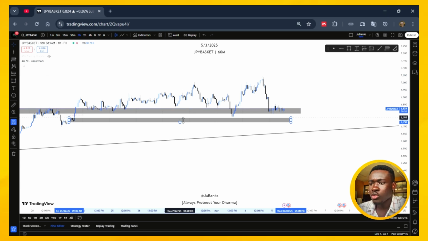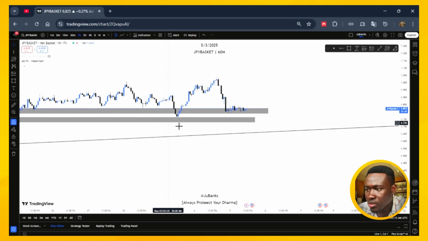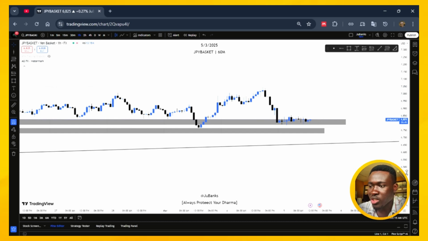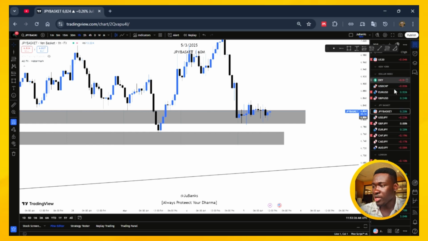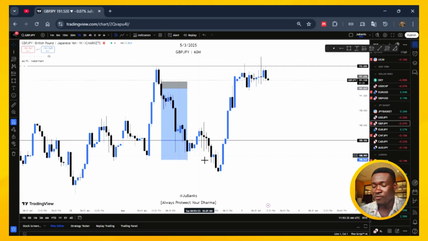So I wasn't convinced until I saw this tweezer top formation, which is a candlestick confirmation. Upon seeing this, I moved to GBPJPY, which was the trade I actually took. Remember, if the JPY index is bullish, we short the actual pair we are trying to trade.